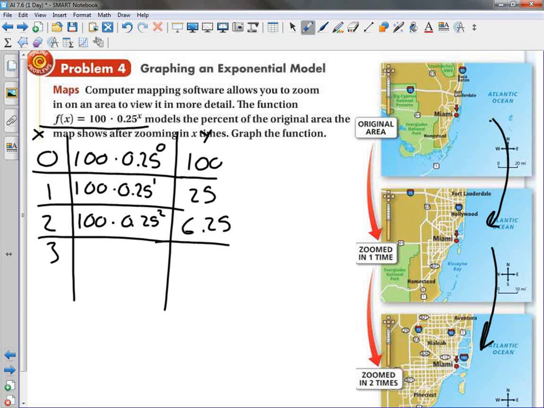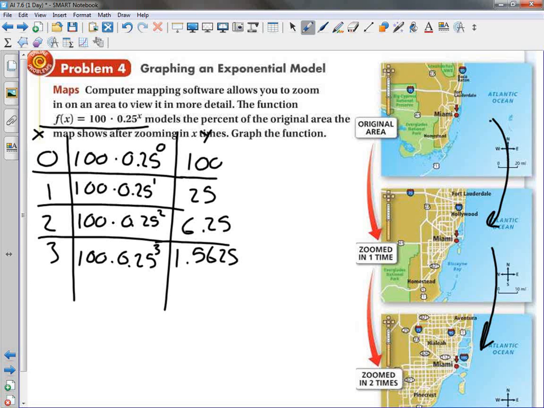And then if we plug in 3, we get, let's see, 100 times 0.25 to the 3rd power, and we get 1.5625. Now remember, this gives us the percentage of the original map.